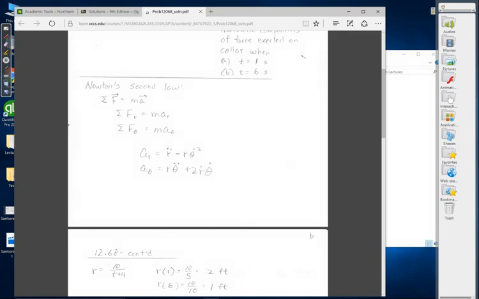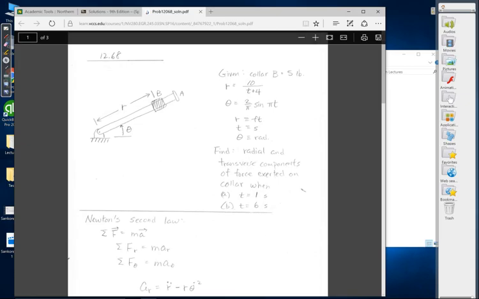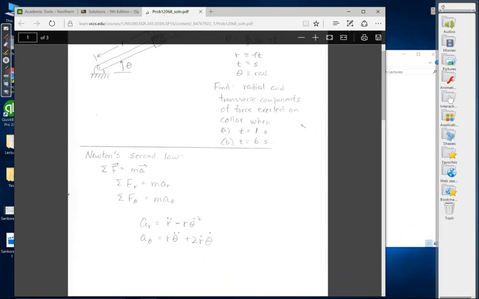So what you're going to need is to differentiate r and theta. Basically you're going to differentiate these two equations, and then you need to plug in your values at 1 second and 6 seconds.